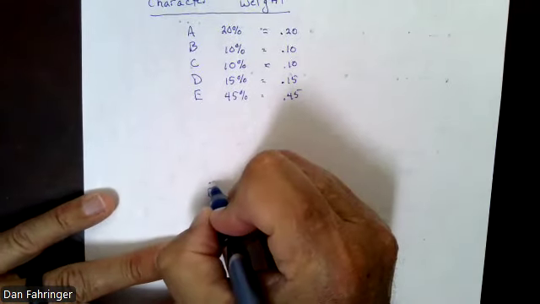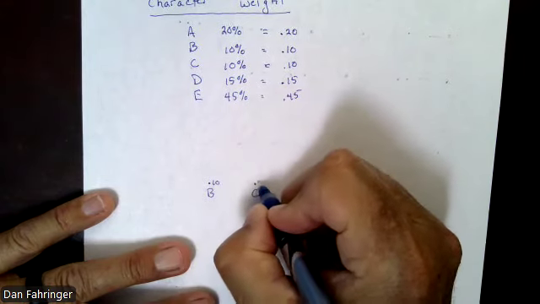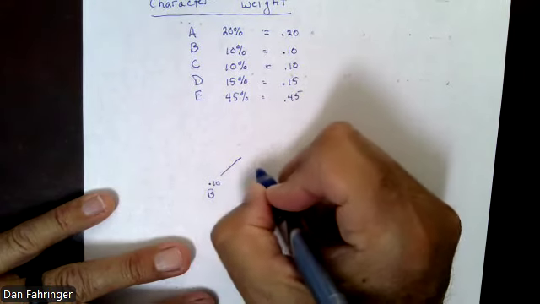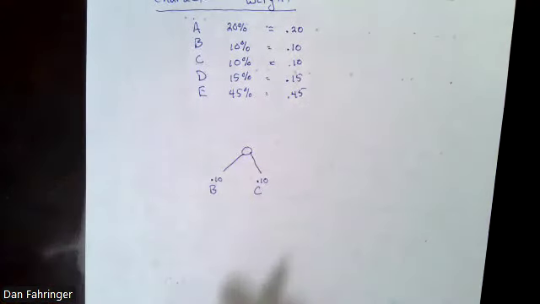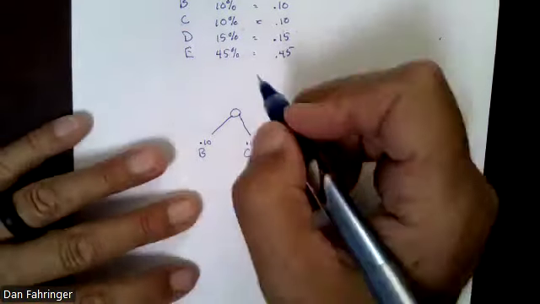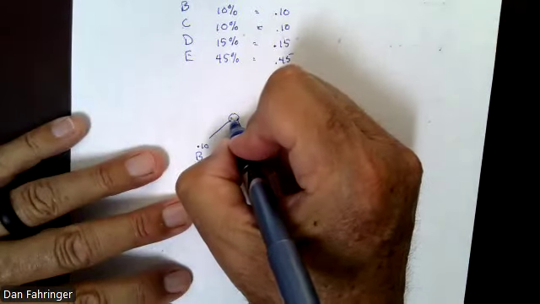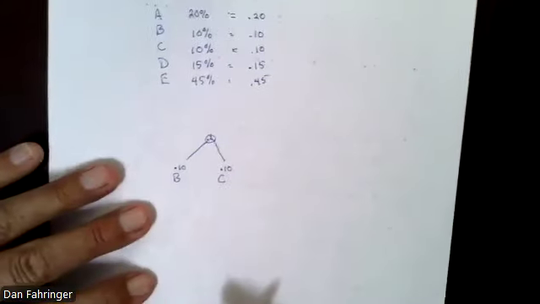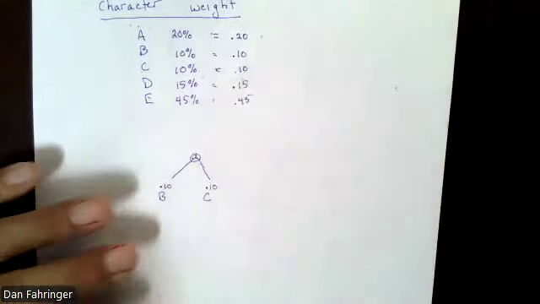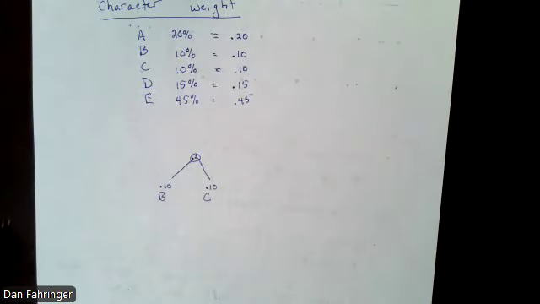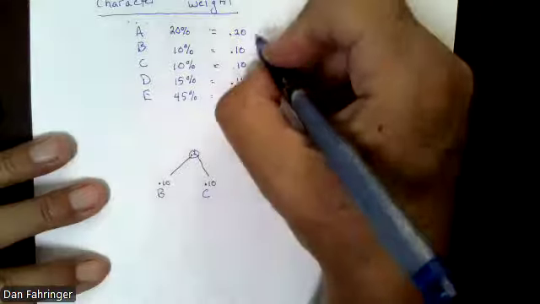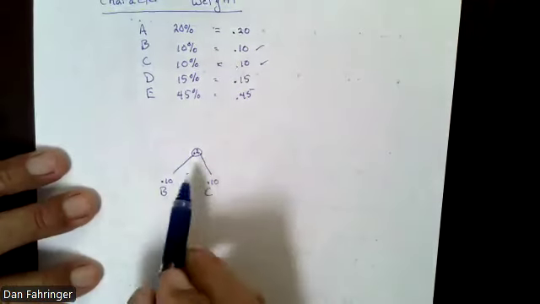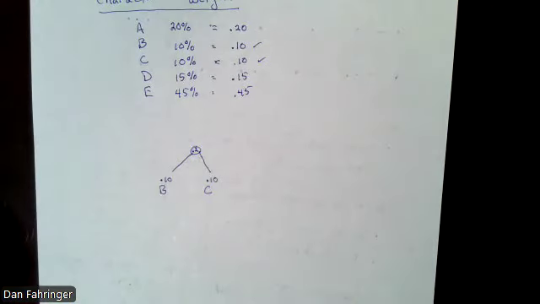And B is 0.10, C is 0.10, and we are going to join them. When these two are together, they become a 0.2. Okay, so these two became a 0.2. Now, I need to keep doing this same process. And B is done and C is done, but it made a 0.2.